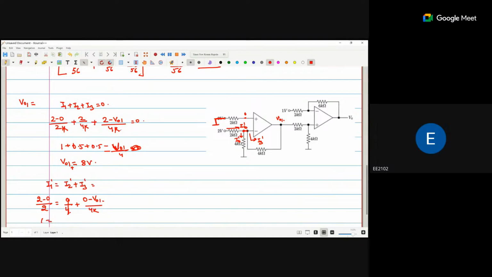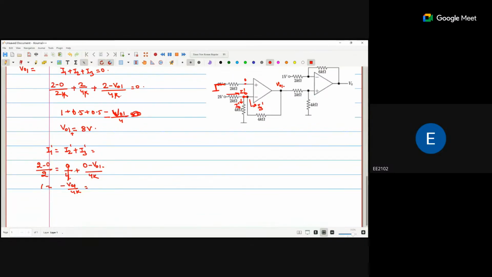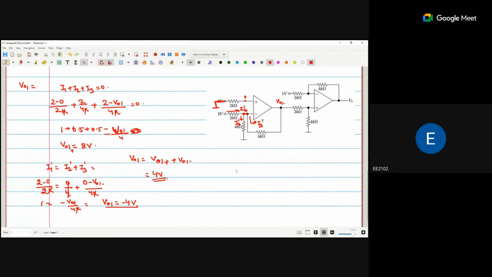So 1 is equal to minus V01 divided by 4k. That is also 2k, so k and k cancel out. So V01 is minus 4 volts. Now total V01 is V01 positive plus V01 negative. So at this point we are getting 4 volts.